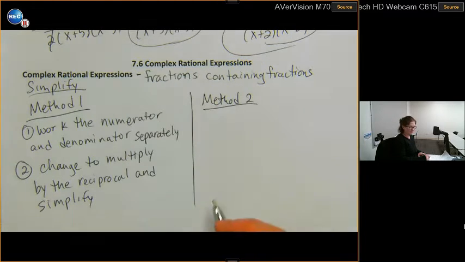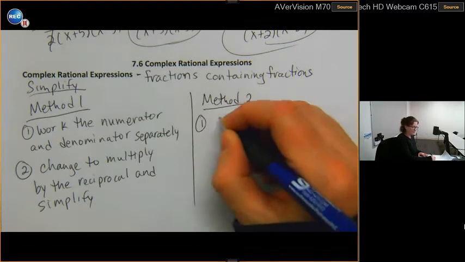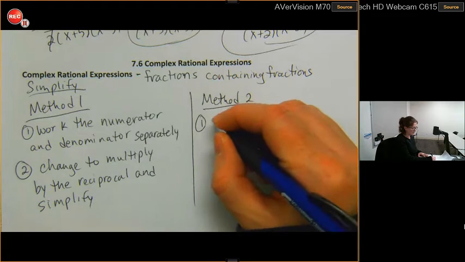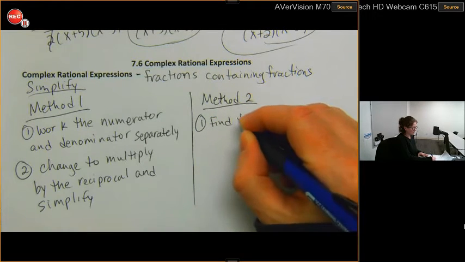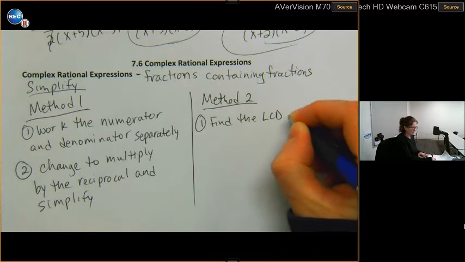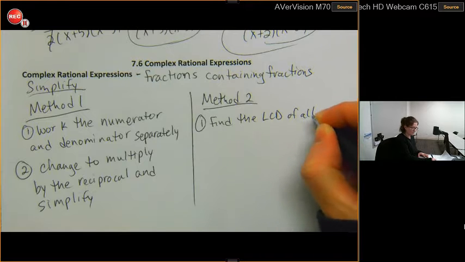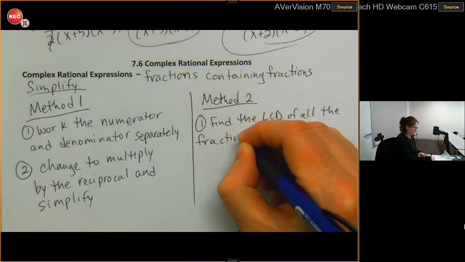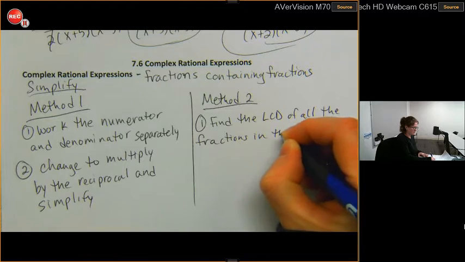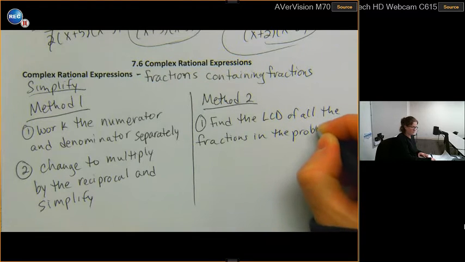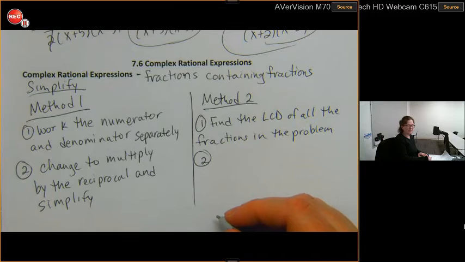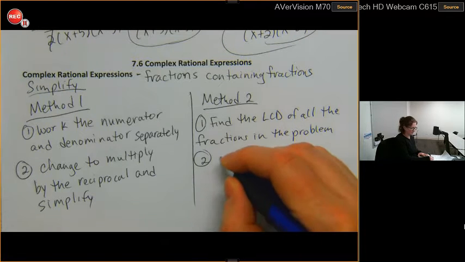Method 2. The first step is going to be to find the LCD of all the fractions within the problem. Then you're going to multiply every term in the problem by the LCD and simplify.